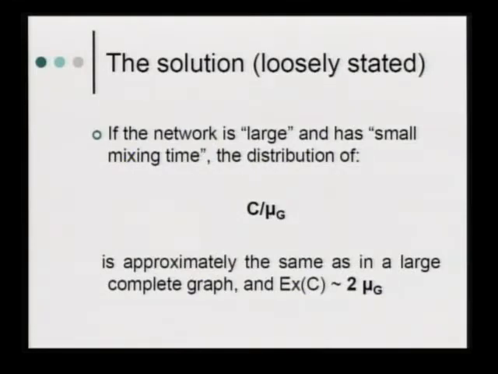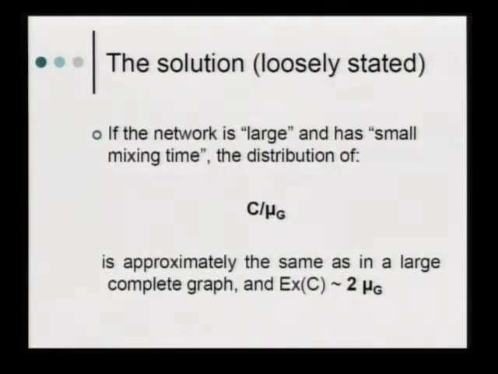If you have a large graph with a small mixing time, and I'm going to define what a mixing time is later, the distribution of this consensus time rescaled by some factor, which I'm going to explain pretty soon, is essentially the same as in a large complete graph. So that's where the mean field comes from.